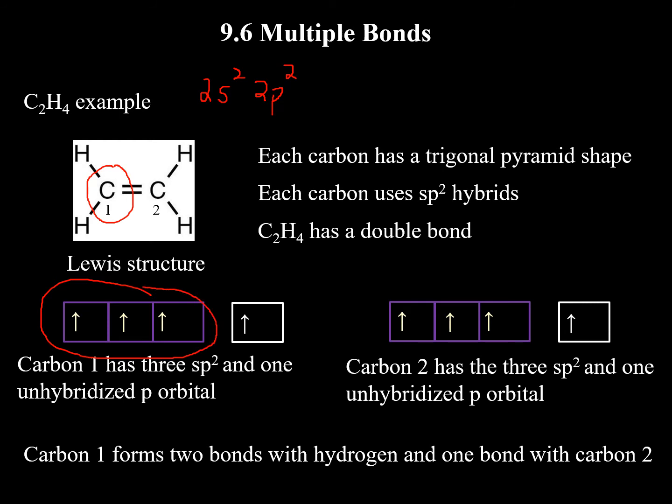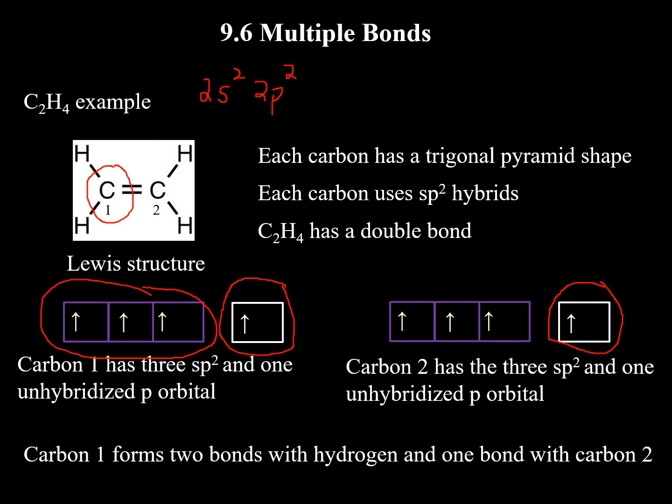And what's left over is an unhybridized p orbital. And this unhybridized p orbital will be involved in the double bond with carbon 2.